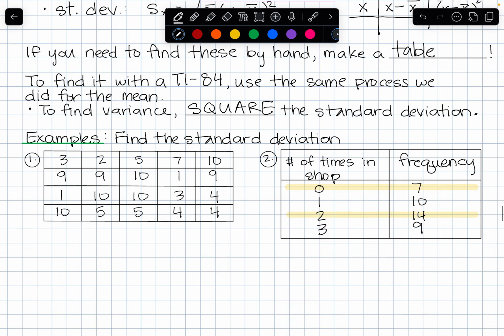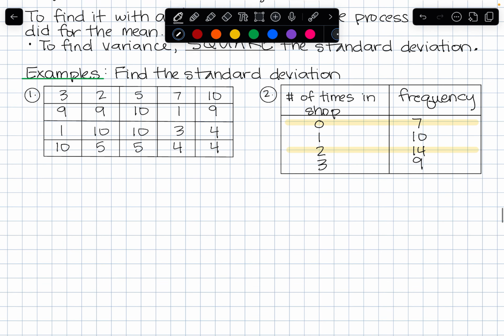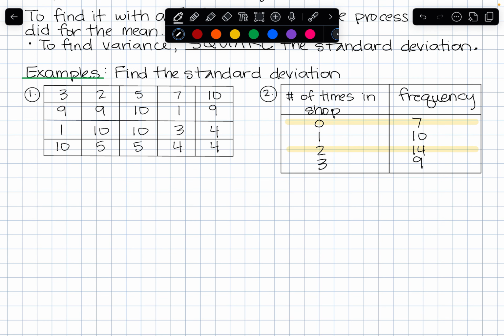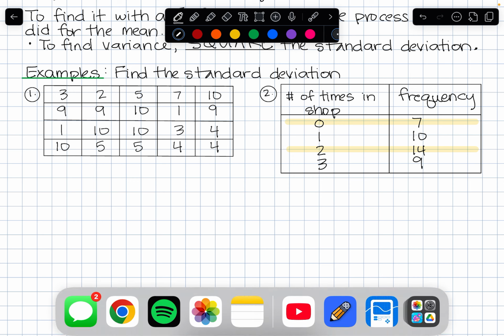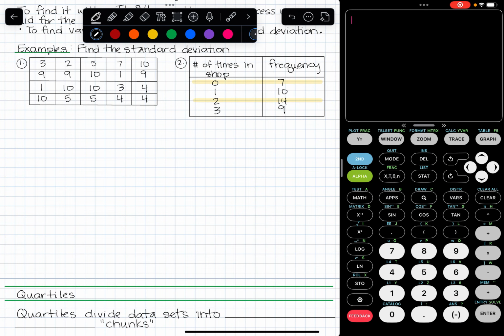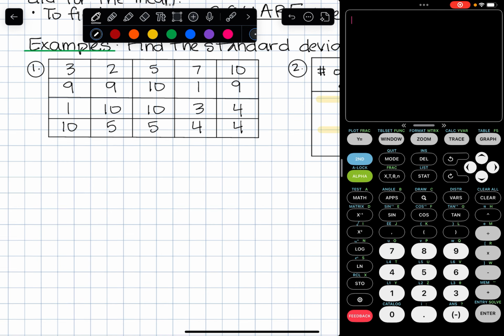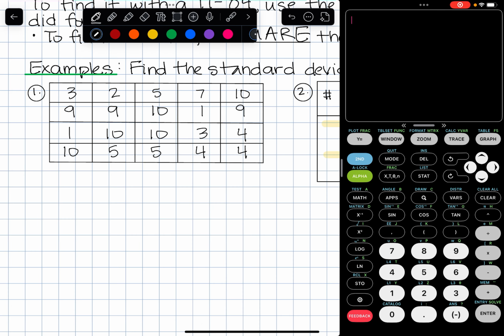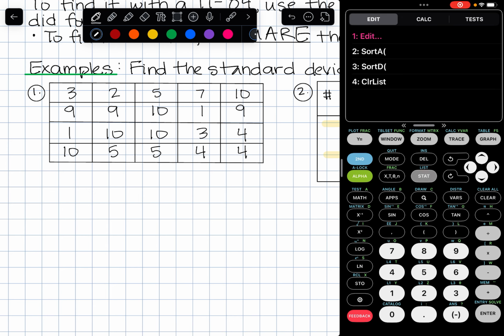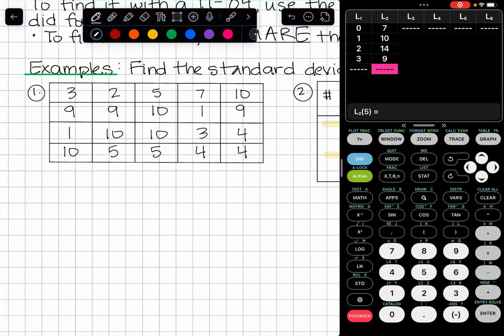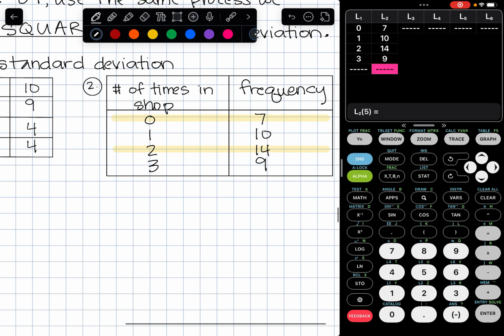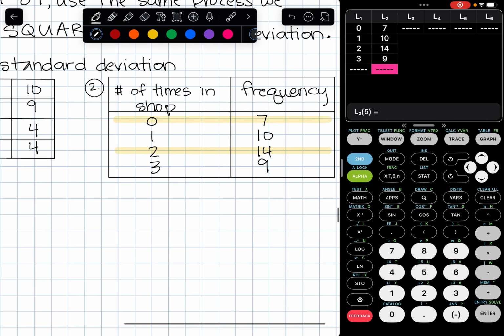We're going to go ahead and find the standard deviation for our data sets from the last couple examples. So I'm going to pull up our calculator, and I'm going to show you a nice trick for when I'm working with multiple sets of data. When I go stat enter to get my data in a list, you'll notice that the data from question 2 is already in there.